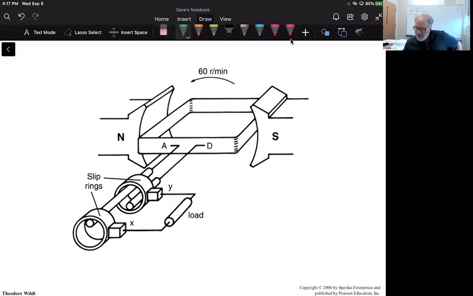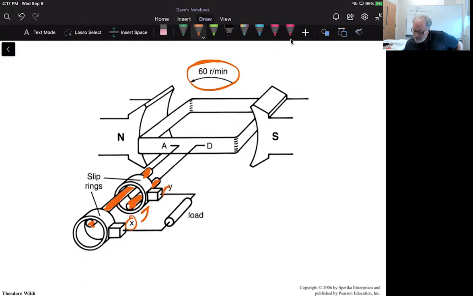Now, I want you to think about something here. As this coil is rotating through, and we said it was rotating at 60 RPMs or 1 cycle per second, as the rotation occurs, there's a direct connection from the particular coil sides to these brushes. So this one is connected here and this one is connected there.